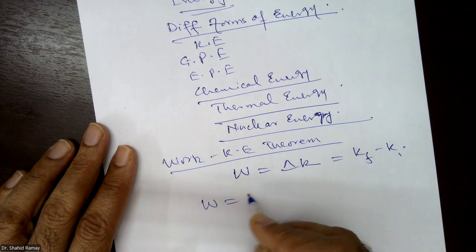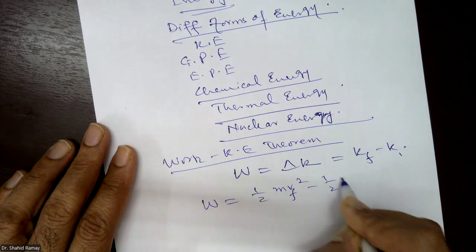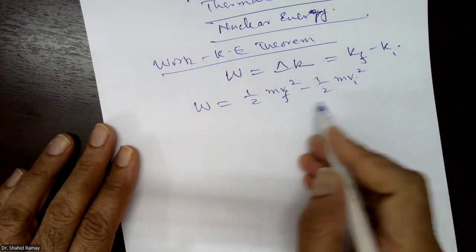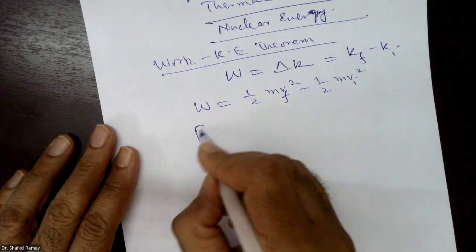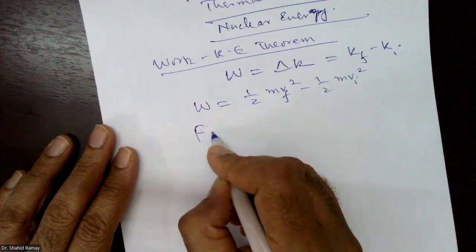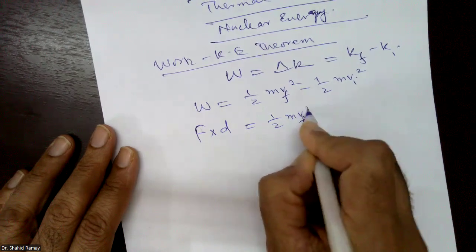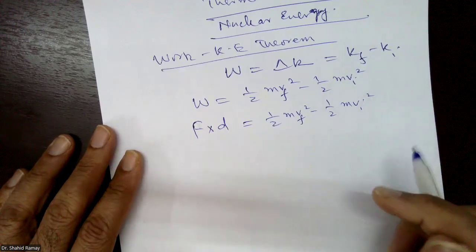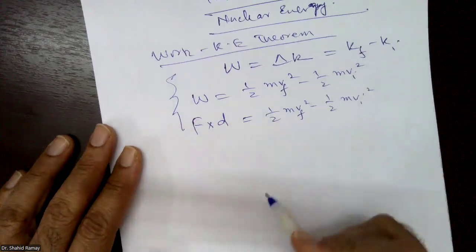So you can write this equation like this: 1 over 2 mvf square minus 1 over 2 mvi square. Also, you can change this equation into vector work form, F into D is equal to 1 over 2 mvf square minus 1 over 2 mvi square. We will use these formulas to solve the problems.